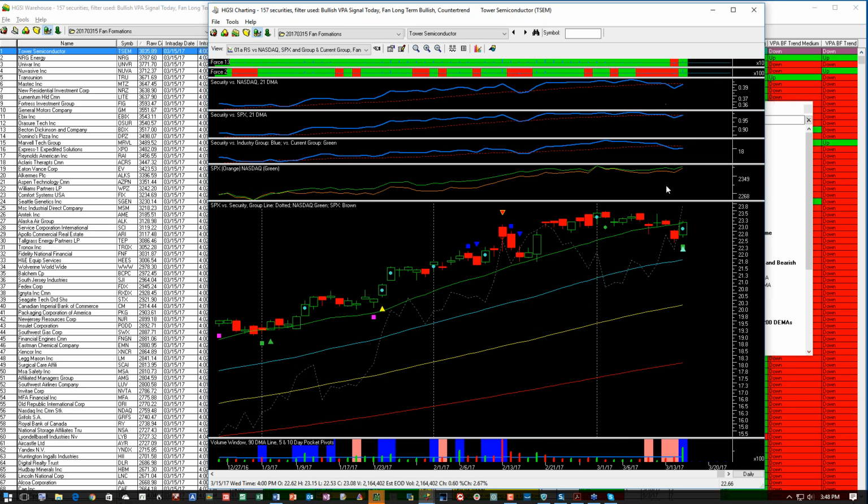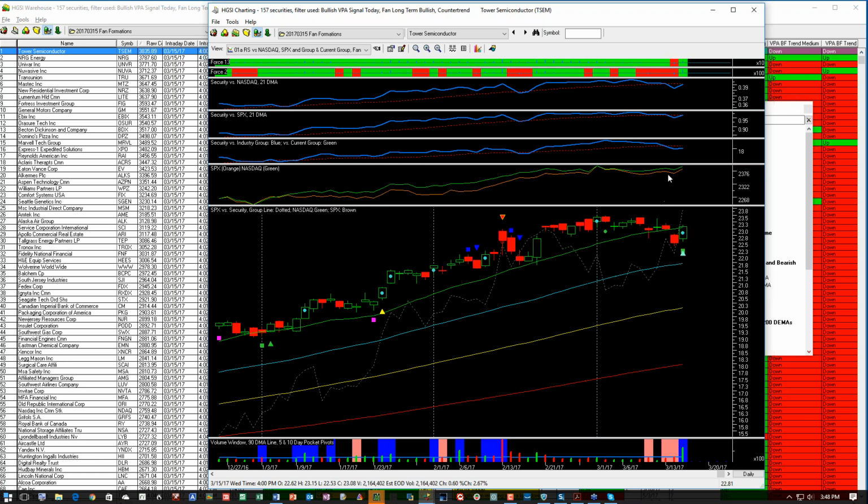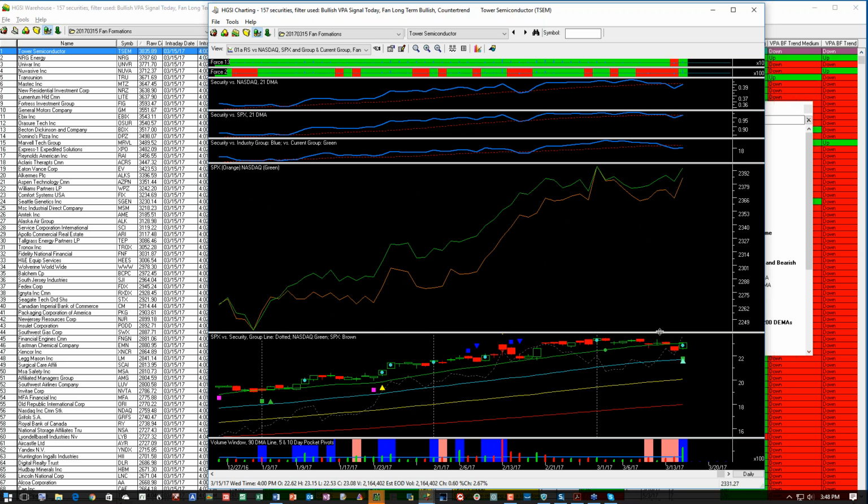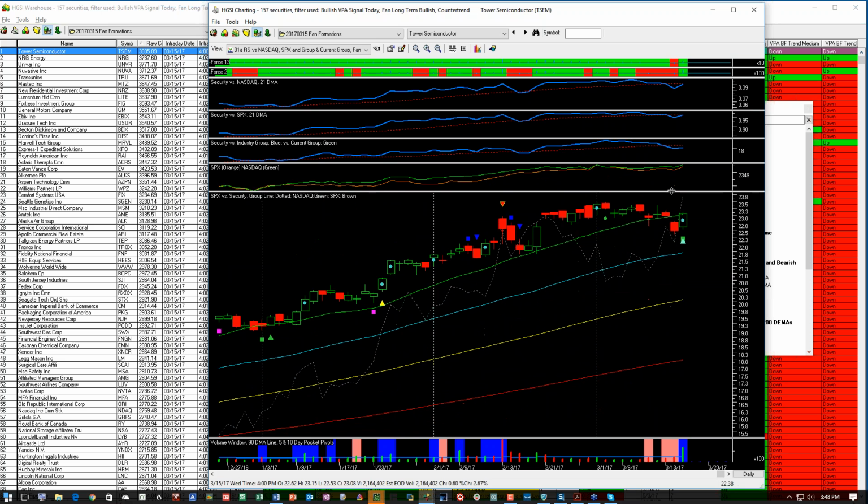Now these lines up here, they all tell a story. This shows what the SPX and the NASDAQ did today. It's just a line chart. This shows me the strength versus the industry group, is the blue line, and there's no current group in here.